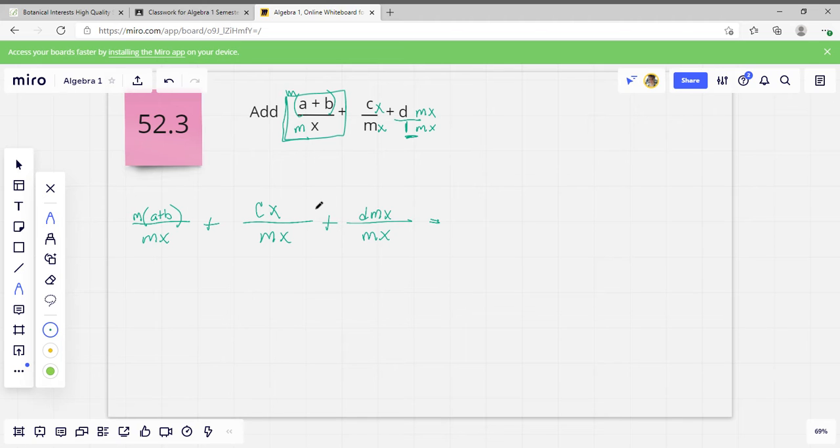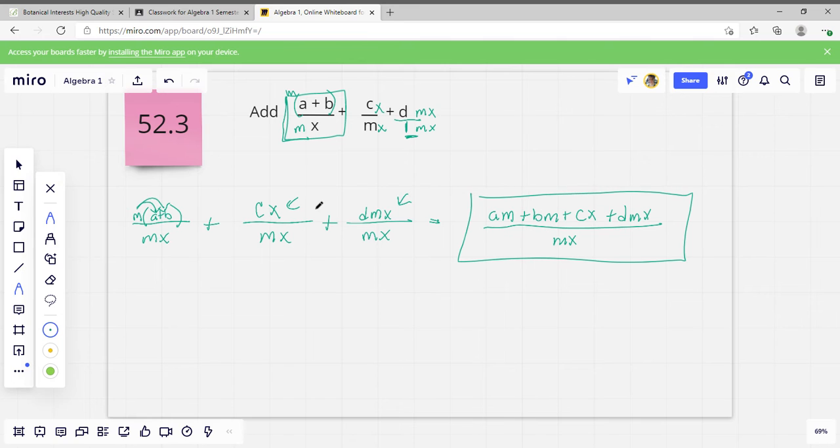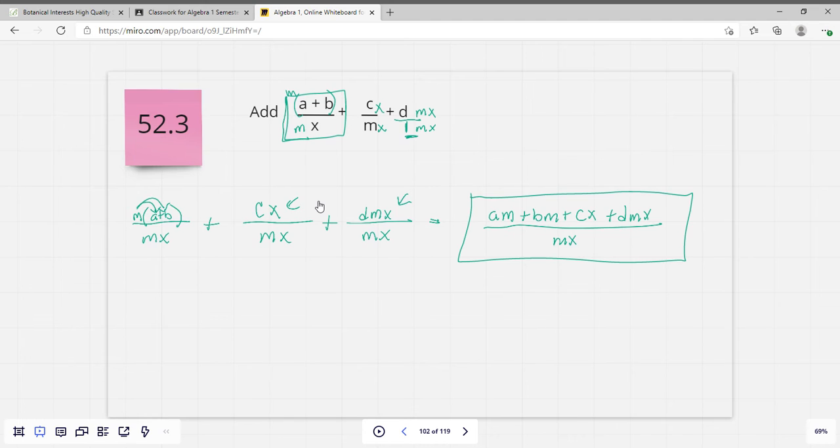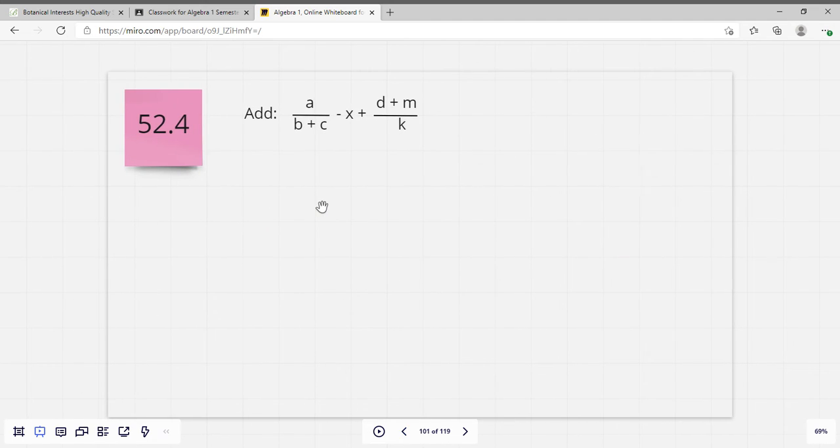All right, now we just have to distribute right here, and m times b. And then we've got our cx, and then we've got our dmx. Okay, and that's our top. And then our bottom is just mx. And that's what your answer would look like. All right, let's do another one.